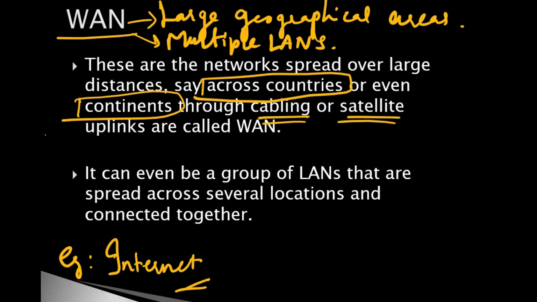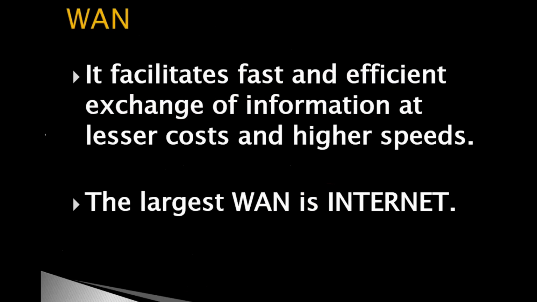That's called a wide area network. A group of multiple LANs is called a WAN. It can even be a group of LANs spread across several locations and connected together. The best example of WAN is the internet.